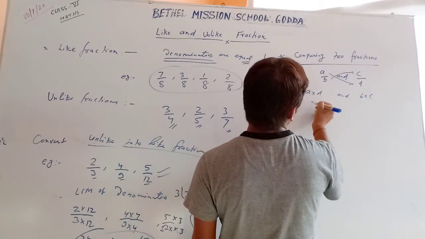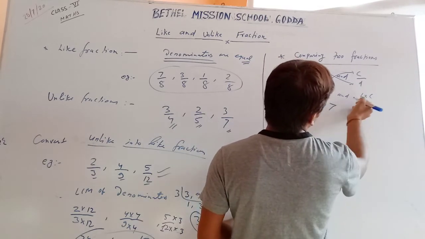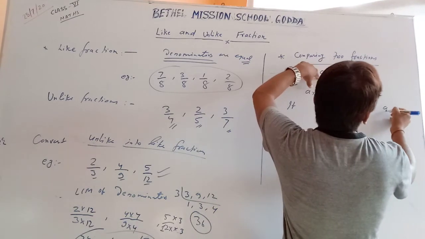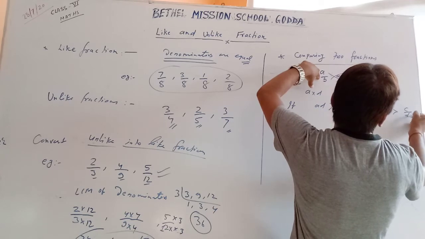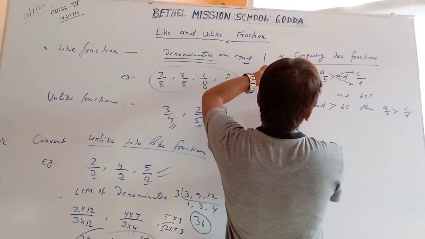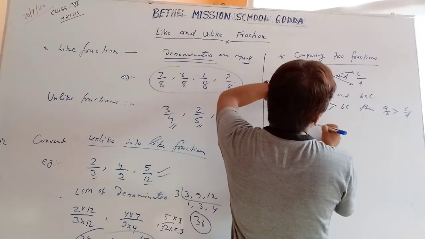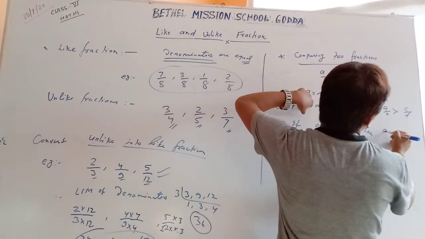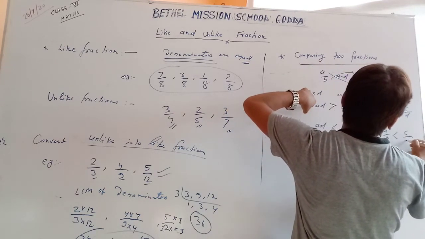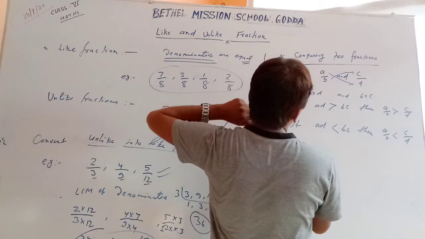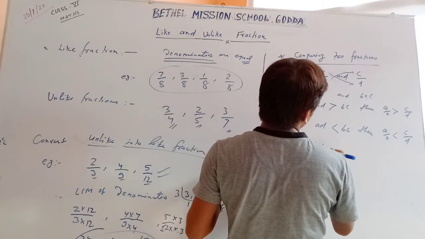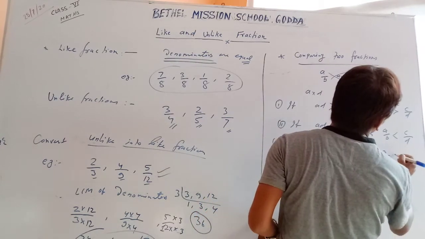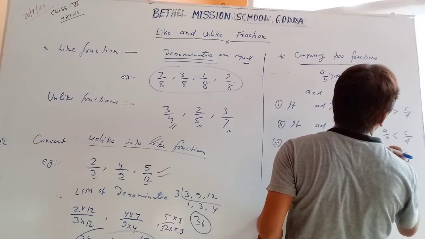If AD is greater than BC, then A upon B will be greater than C upon D. Second case, if AD is less than BC, then A upon B would be less than C upon D. Third, if AD equals BC, then both fractions will be equal.